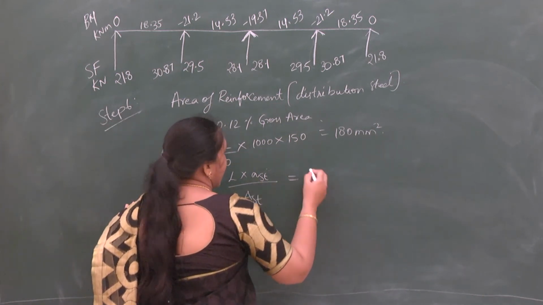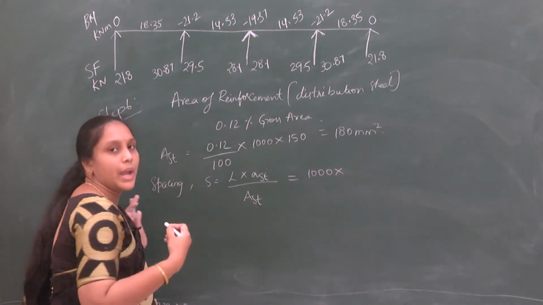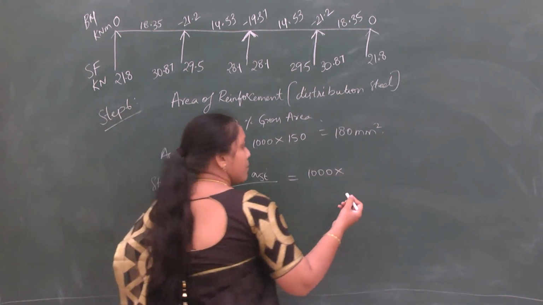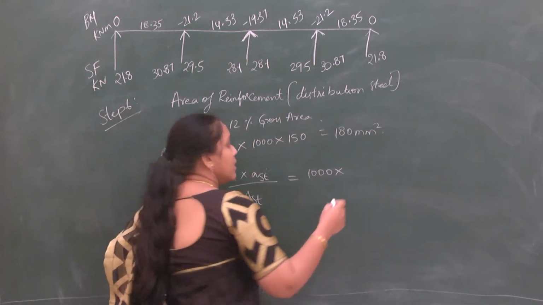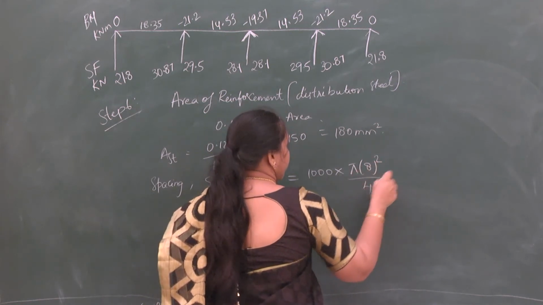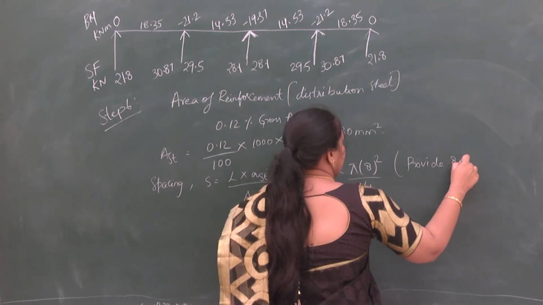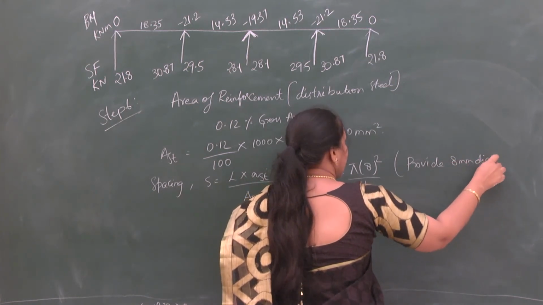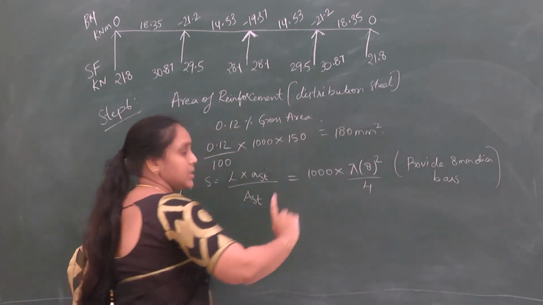L is 1000 into small ast, the area of one bar. Here I am providing 8 mm dia bars as distribution steel, so pi into 8 whole square divided by 4.